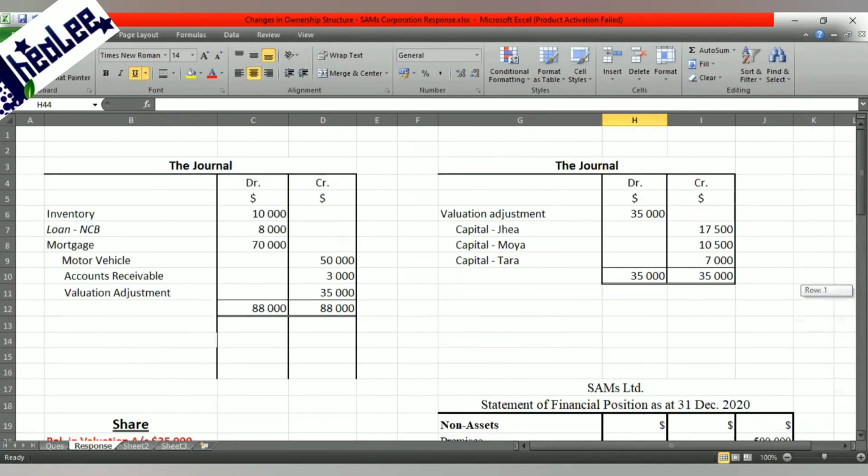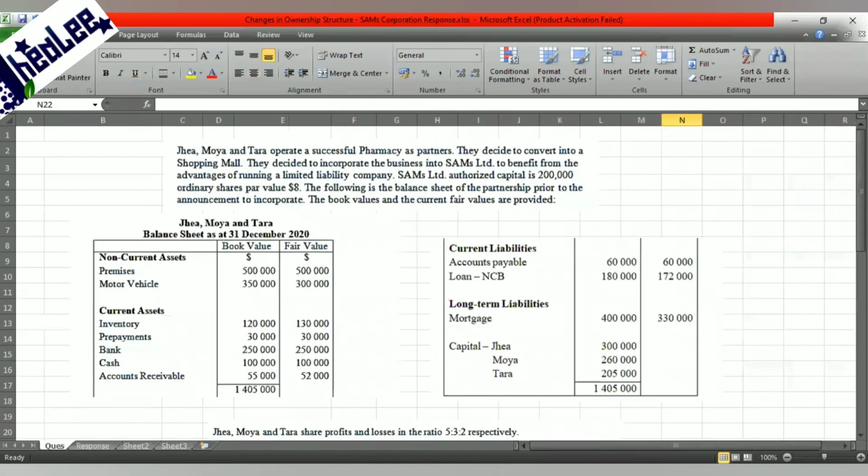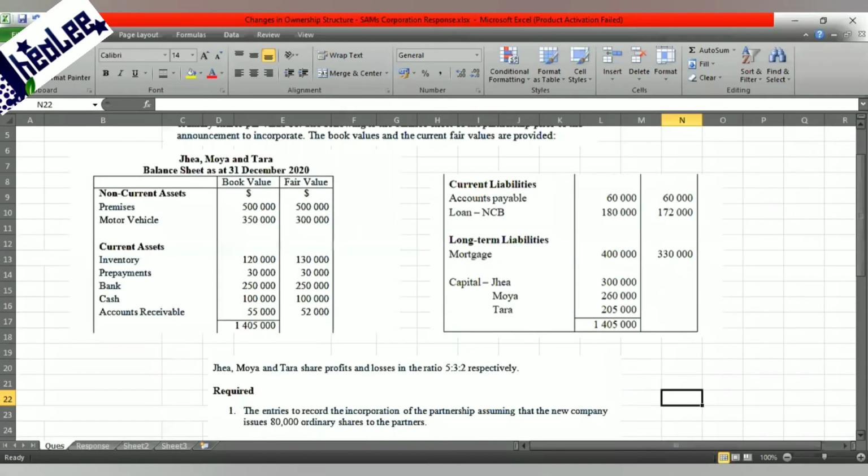Okay? So just to review what was done in order to do the incorporation. Remember, in doing the conversion, what you're doing is comparing your book value and your fair value. Once there is a change in the value, whether an increase or decrease, you're going to use your double entry rule to make that adjustment.